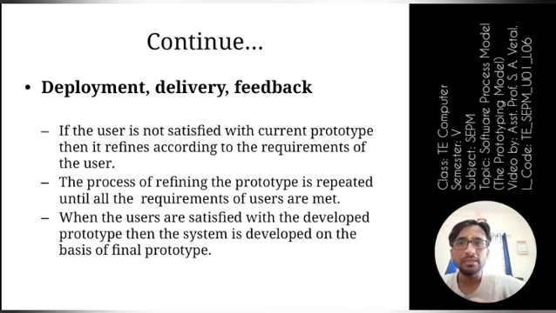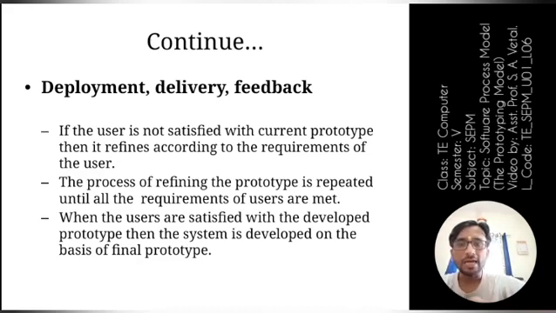If the user is not satisfied with the current prototype you have developed, then we need to refine it according to the requirements of the user. The process of refining the prototype is repeated until the requirements of the user are met.